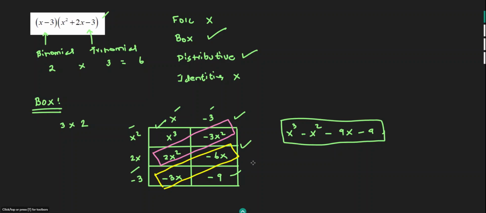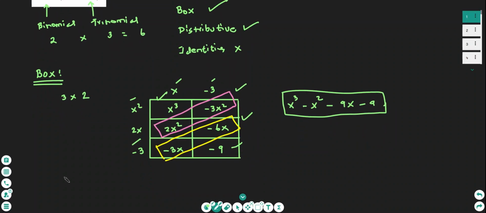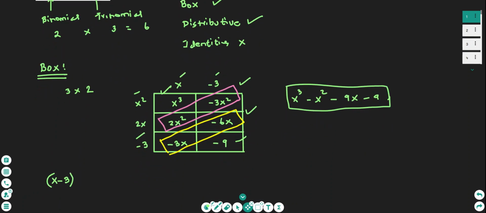Now we will see how to do it using the distributive method. So I'm first going to write down the polynomials. We have x minus 3 multiplied with x squared plus 2x minus 3. We do this using the distributive method.